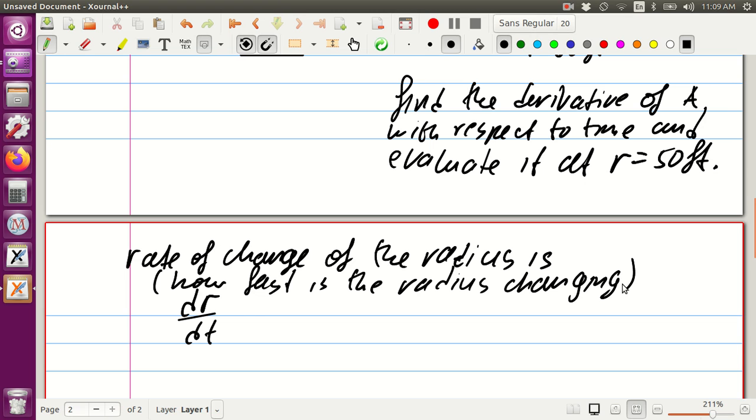And the rate of change of the radius, we were told, is 3 feet per second.